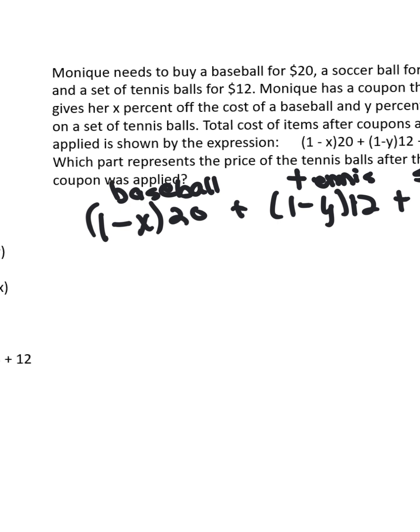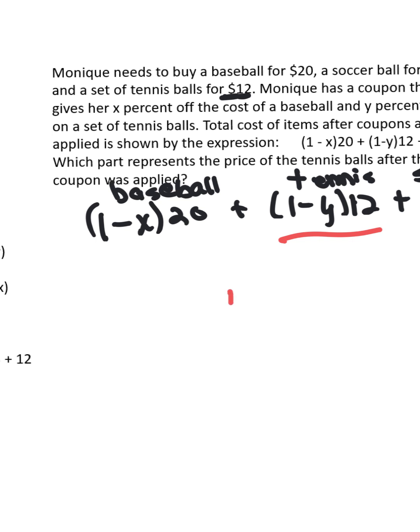So the question asks, which part represents the price of the tennis balls after the coupon was applied? And we know the tennis ball was $12. Therefore, we are looking for the expression that is dealing with the number 12, and that would be the expression 1 minus Y times 12.